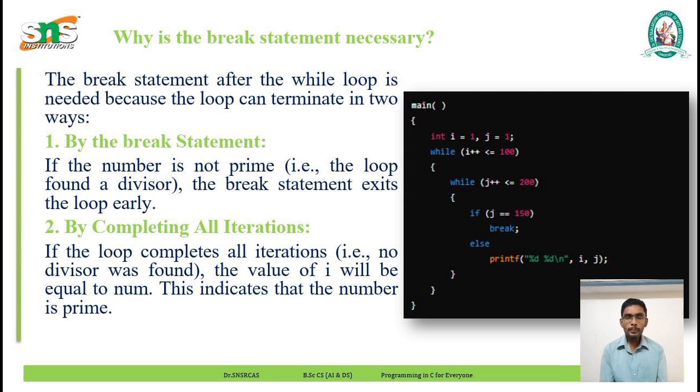If the number is not prime, the loop found a divisor, and the break statement exits the loop early. Otherwise, if you didn't give a break statement, the loop would routinely check all the conditions until the while loop terminates, and finally print the result. From this example, you can understand why the break statement is necessary in certain important situations.